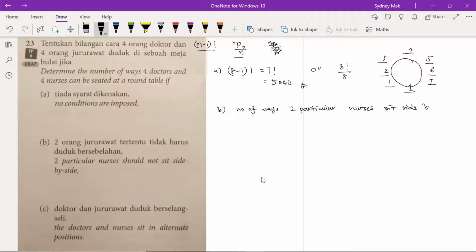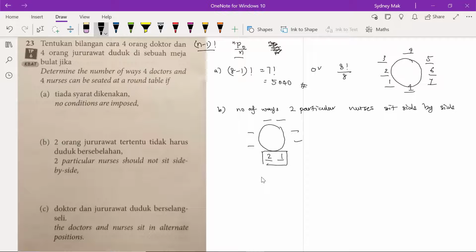If I were to use the illustration method, let's bundle them up together. 1, 2, 3, 4, 5, 6, 7, 8. Let the nurses sit in. So there is one way to sit them, and among themselves, they will arrange each other.